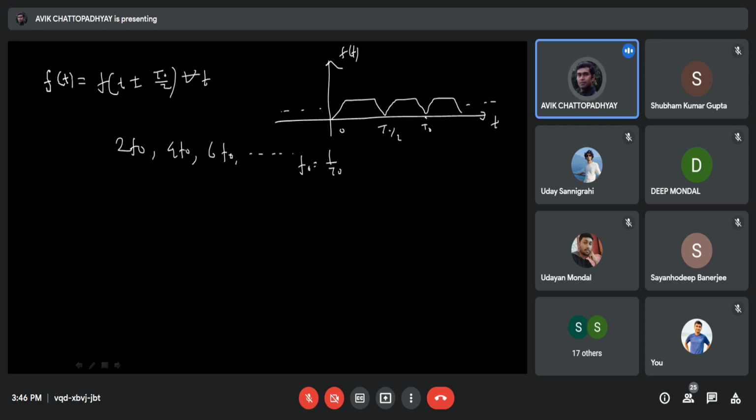Strictly speaking, the original time period is T naught, not T naught by 2, because of the definition of a time period, which is the smallest value that satisfies, as I mentioned a few minutes ago, the condition of periodicity. So here T naught is the time period, not T naught by 2.